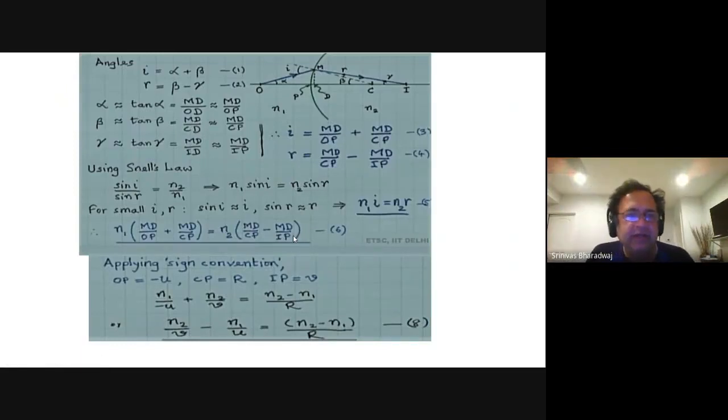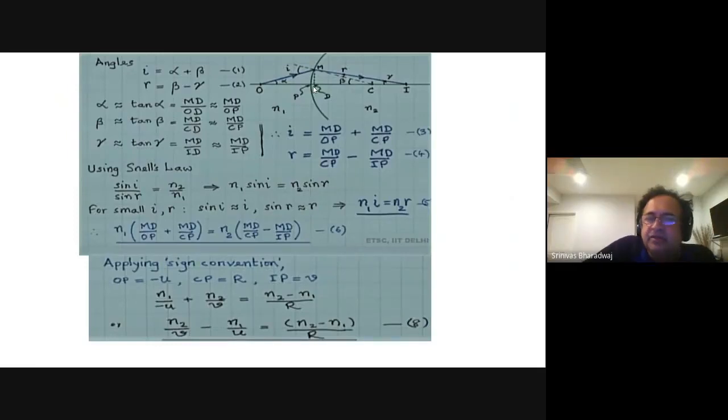Okay, so this MD by OP is what? It is opposite side by adjacent side for alpha. So it is tan alpha. Tan alpha is approximately alpha.